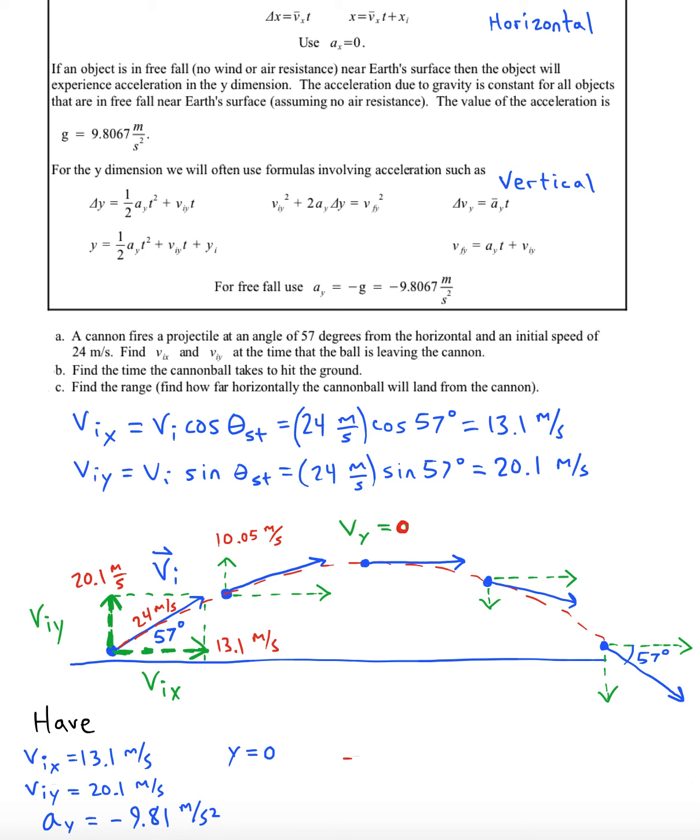Not only that, but the VFY component here is going to be equal and opposite to the VIY component that we had when it was launched. That's an important fact that we can use to solve these types of motion problems. And of course, the horizontal component remains 13.1 meters per second throughout.